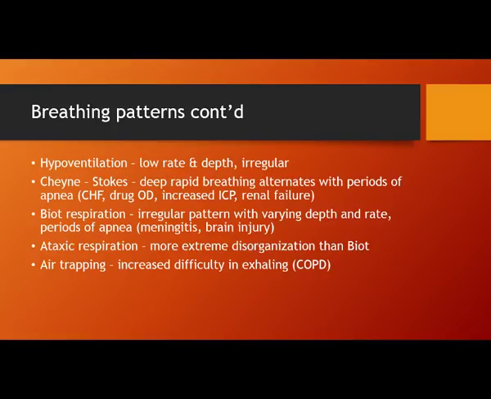That's where the person can't exhale as much as they're breathing in, so their chest becomes increasingly over-expanded, and they can't breathe out. They have difficulty exhaling, and that can happen with COPD.